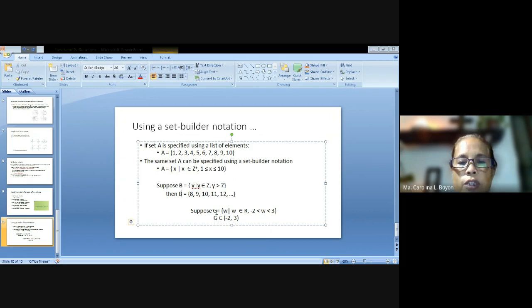Suppose we want G to be the set of all W such that W is an element of the real numbers where W is between -2 and +3. We can also specify that as G being within the open interval -2 to 3.